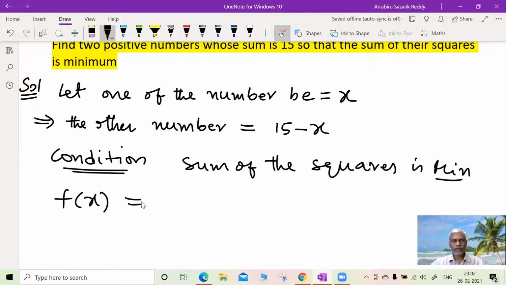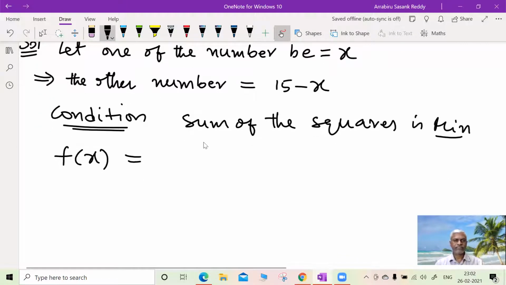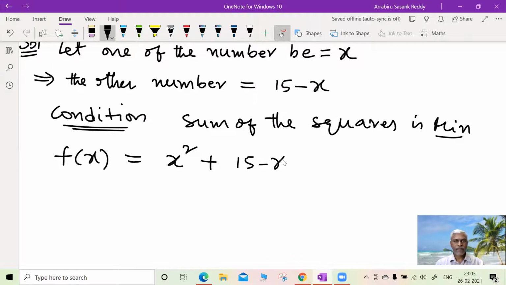Let it be a function of x: first number square plus second number square.